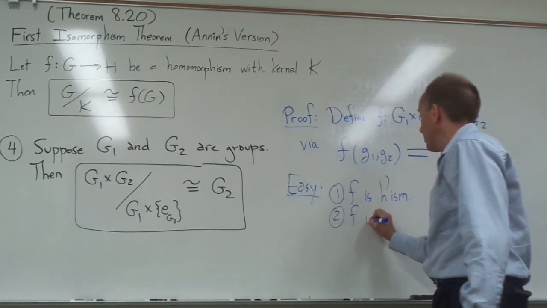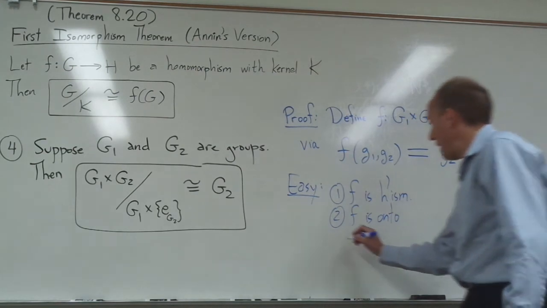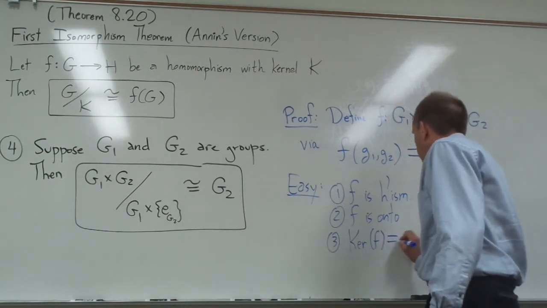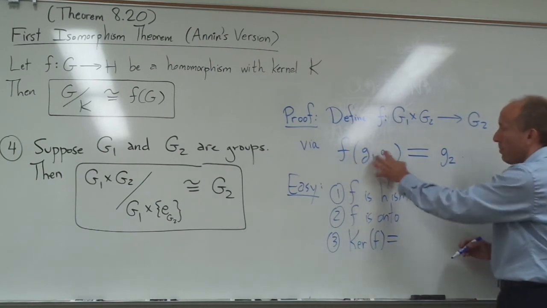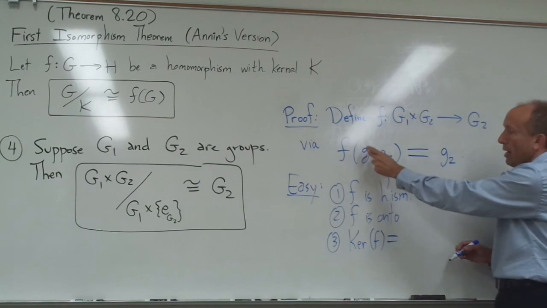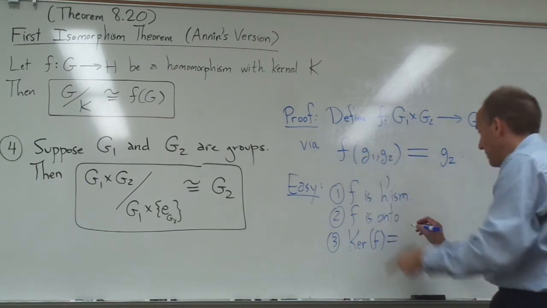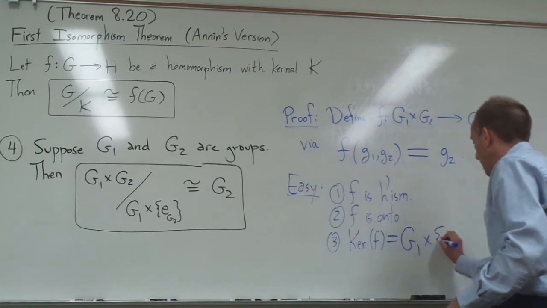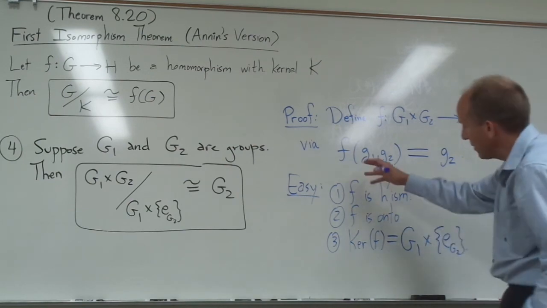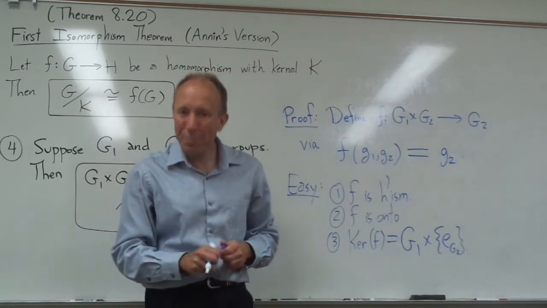That F is onto is very clear, and the kernel of F is, well, which pairs end up sending to E here? They're just going to be pairs that have anything from the group G1, comma, E, and that's exactly G1 cross E.